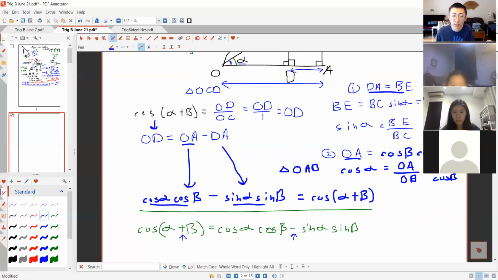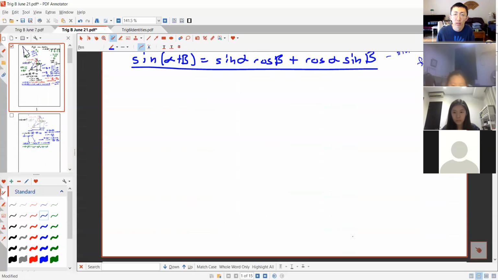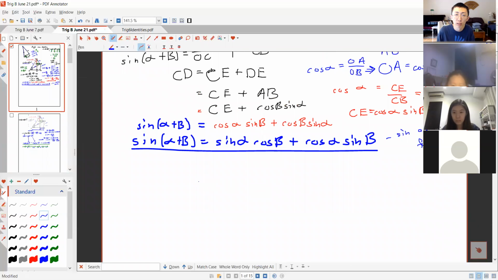And the cosine is with the cosine. And the sine is with the sine. So that's a little different than here, where you have plus sign and plus sign. But it corresponds correctly, plus sign with plus sign, and you have the sine with cosine and the cosine with the sine.